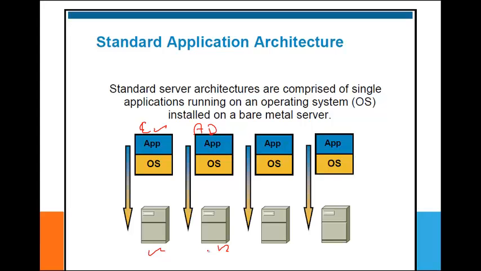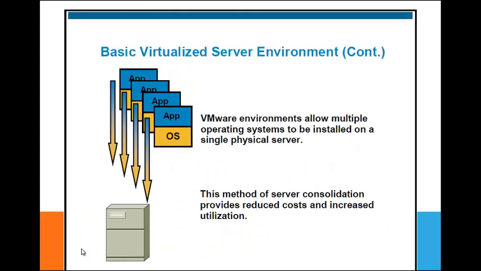Not only costly, it is also not fully utilized. The resource utilization is very low when we have separate dedicated physical servers for each application that we want in our data center environment.